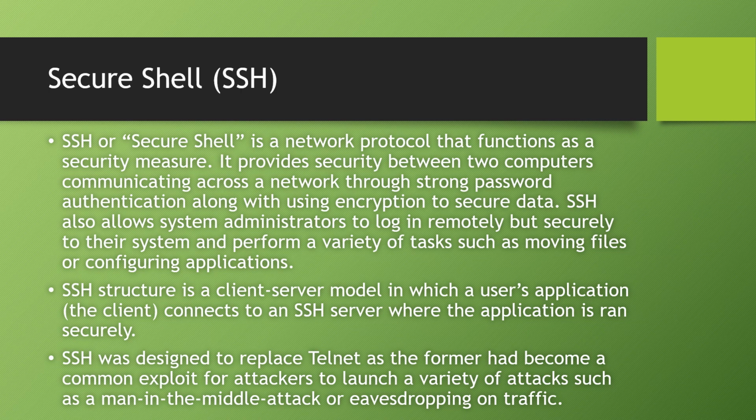This is also known as a man-in-the-middle attack, or they could just eavesdrop on the data and intercept it, and then send it back on its way. Secure Shell remedied this by encrypting the data so that it could not be as easily altered or viewed.